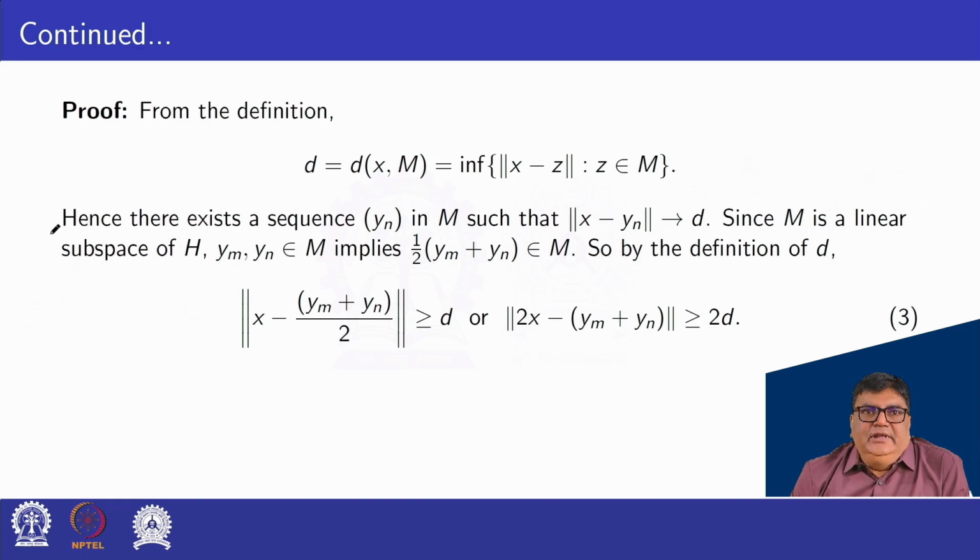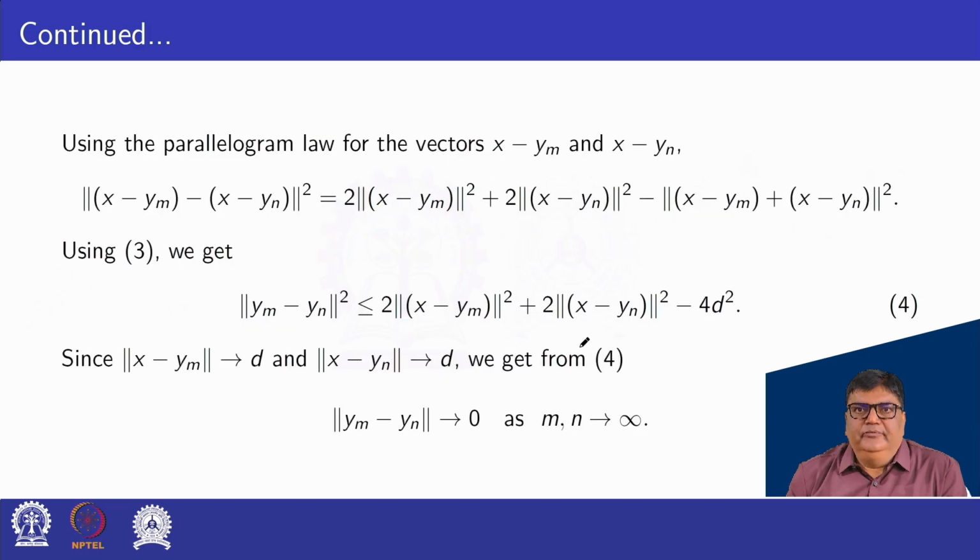Since M is a linear subspace of H, ym, yn belonging to M implies that half of (ym+yn) belongs to M. So by the definition of D, norm x−(ym+yn)/2 is greater or equal to D, or norm of 2x−(ym+yn) is greater or equal to 2D. Okay.